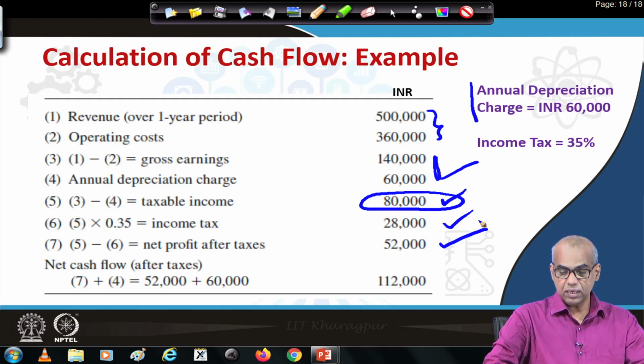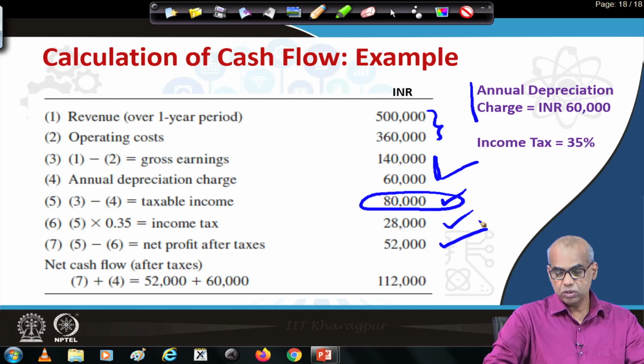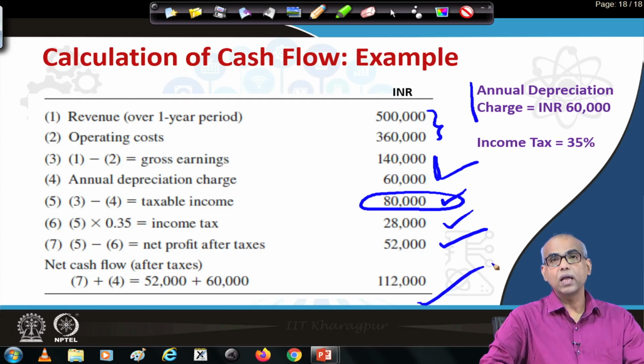Net cash flow will be the net profit after tax plus the depreciation. We have learned that the depreciation goes to the corporate treasury. So, 52,000 plus 60,000, which is 1,12,000.